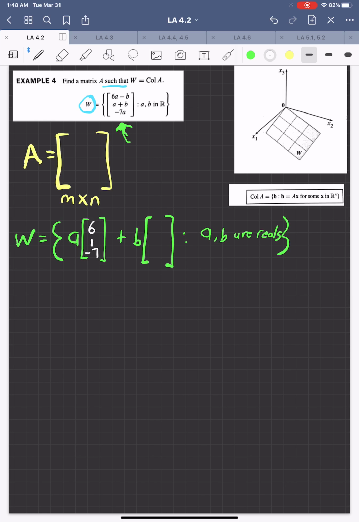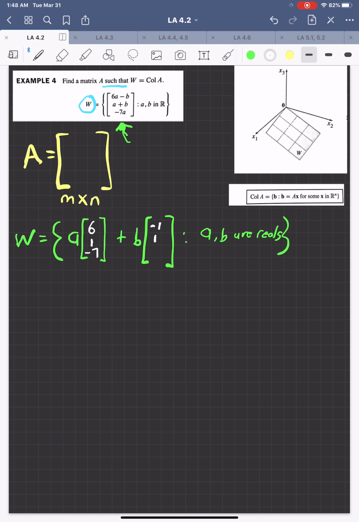All right, well, what about B? Looking up here, what's the first thing I would have to do to a B? Since it's minus B, I'm multiplying by negative 1. In the second row, it's plus B, so I multiply by 1.